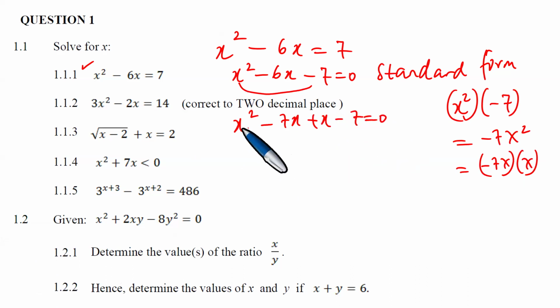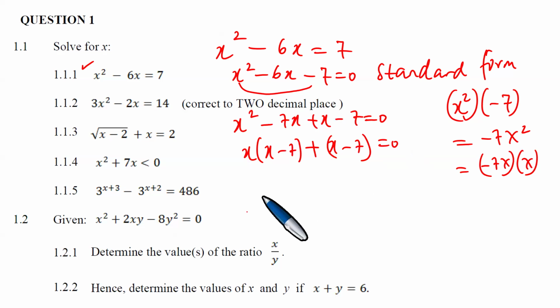We take out the highest common factor of the first two terms. What is the highest common factor of these first two terms, Tando? X, leaving us with x minus 7, and then here we have x minus 7, and the result is 0. Next, what do we do here? We have the same.